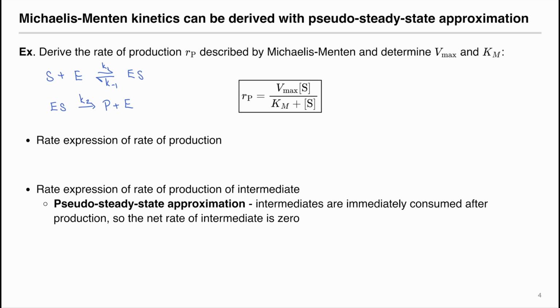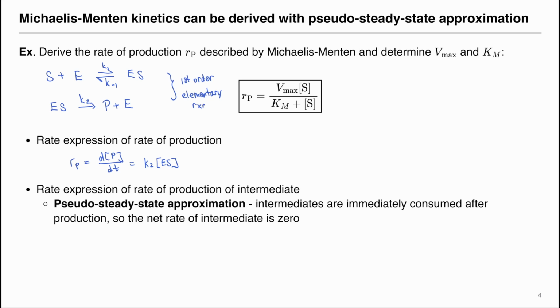We write the rate expression of the rate of production r_P, which is the derivative of the concentration of product with respect to t, and should be equal to the rate constant of the final reaction, because P is formed at the rate of k2 times the concentration of the intermediate ES complex, and we assume that these are first order elementary reactions.